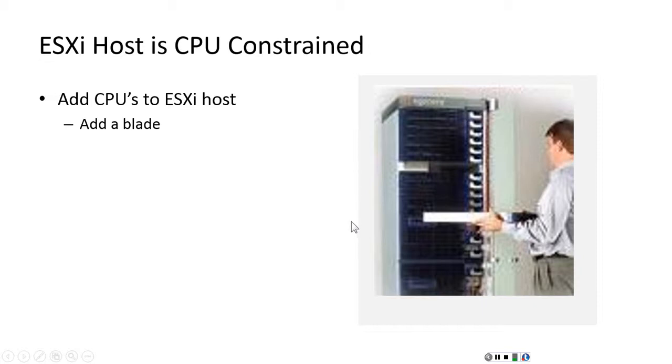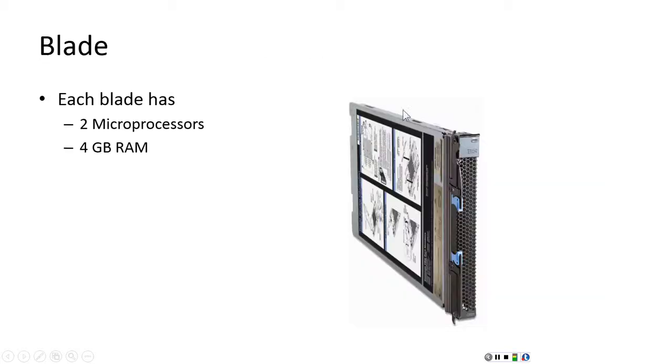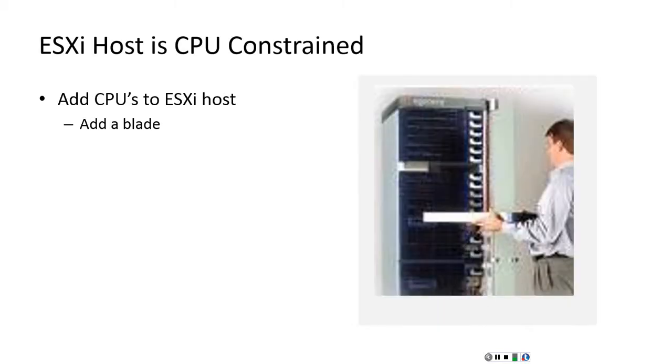And if we have a blade server, the way we add CPUs is to add a blade. A blade is this thing, it looks like the size of a lunch tray, and it's a circuit board that has 2 microprocessors and 4 gig of RAM. So by adding a blade to the blade server, you are adding CPUs and upgrading the ESXi host.